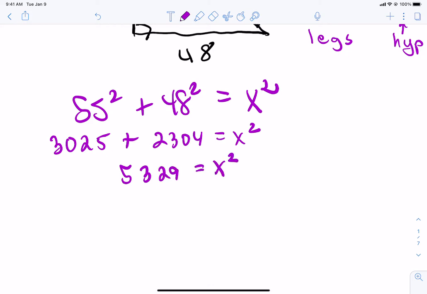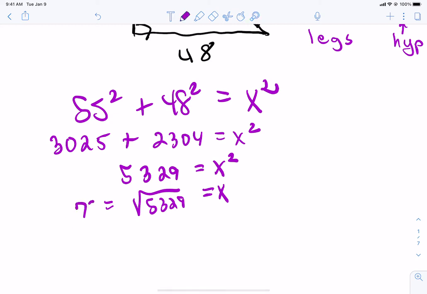Now how are we going to get that square off of there? We got a square root, right? Now remember, when you square root, technically we should put a plus or minus. But since this is a length, it's a positive, we don't have to worry about the plus or minus part. The square root is 73.